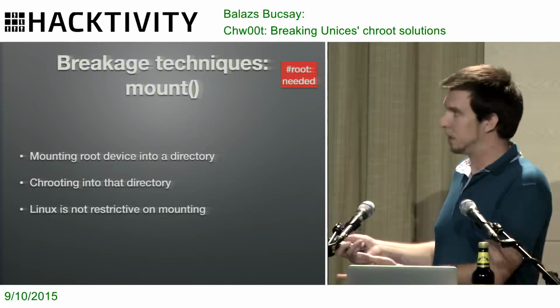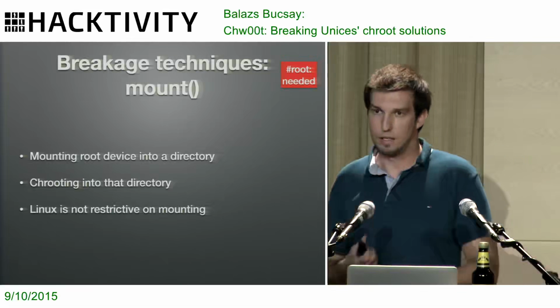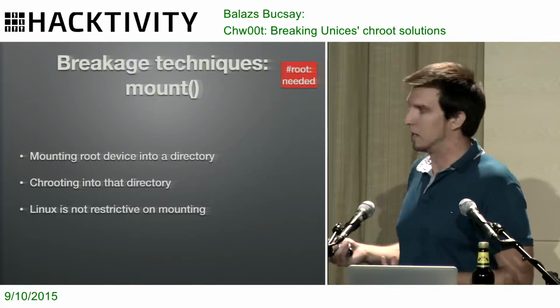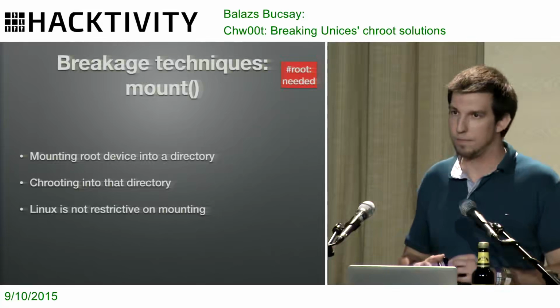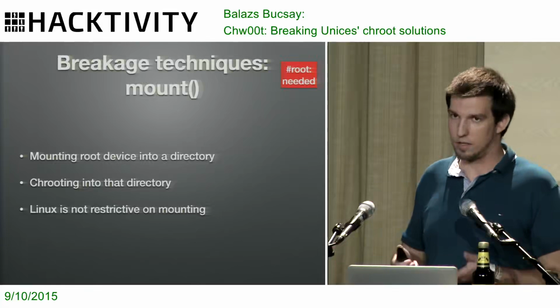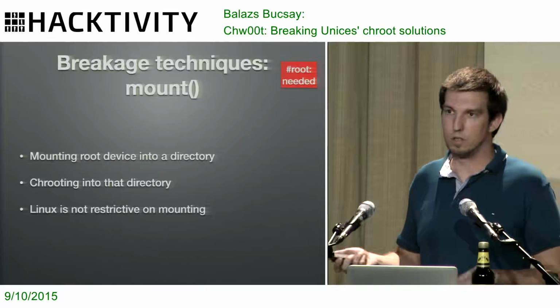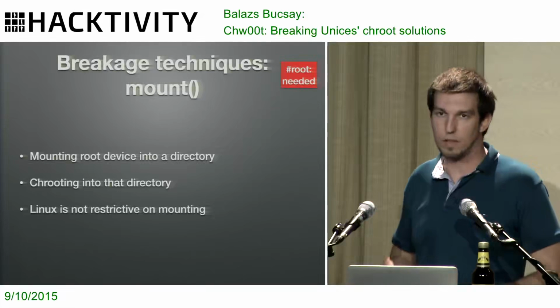So we will get the full root file system that we wanted. And this technique, like I said, works only on Linux, because Linux is not restrictive on mounting. You can mount a partition or anything else 7 times if you like.